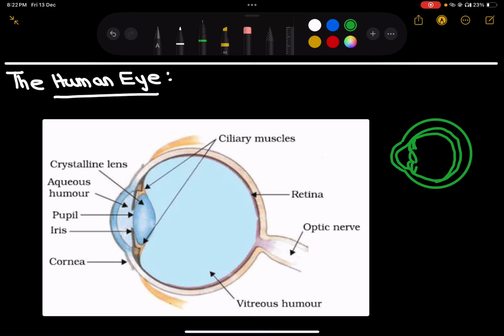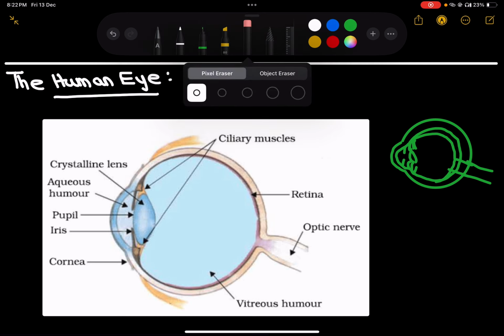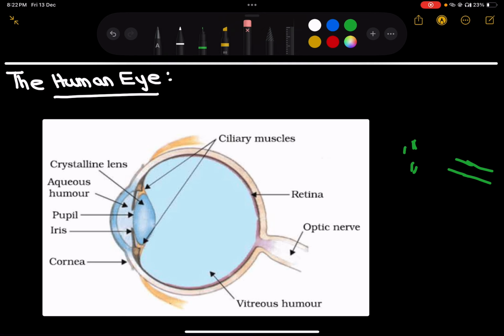Here you have to show the lens, and in front, you have to show the pupil and the iris. At the end, you have to connect all the layers to the optic nerve. This is a rough basic idea of how to draw the eye diagram. If you practice it once or twice, you'll understand. It's not very difficult.